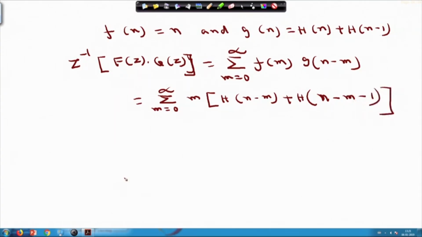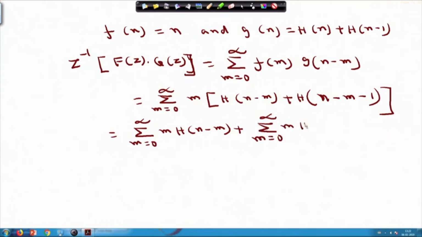So, I obtain this. If I break it, I will obtain two series. One is summation m equals 0 to infinity m into h of n minus m. The other one will be summation m equals 0 to infinity m into h of n minus m minus 1. Once I am getting it, I can write m equals 0 to n of m, because for other cases from n to infinity it is 0, only from 0 to n it is 1.